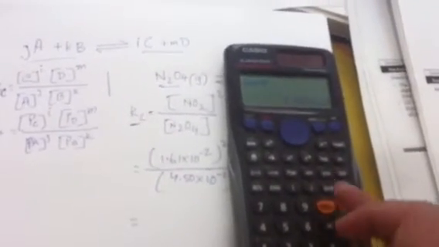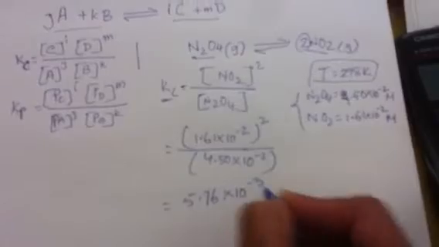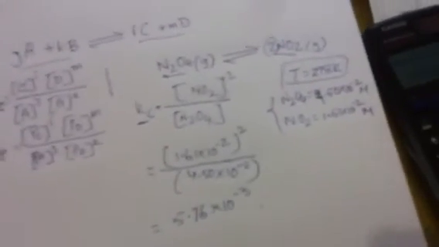Just calculate using the calculator: 1.61 times 10 to the power negative 2, squared, divided by 4.50 times 10 to the power negative 2. I find it's 5.76 times 10 to the power negative 2. And for K, no units. Don't worry about a unit. I will explain on another video why K does not have a unit. That's all. Thank you very much.